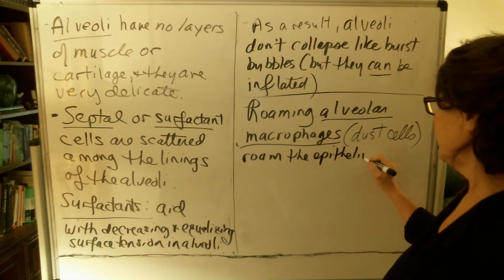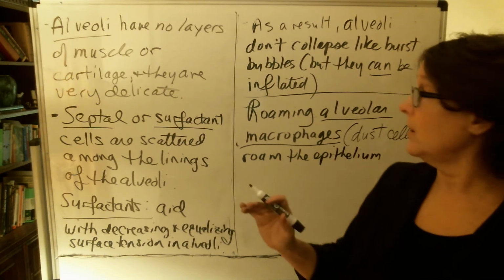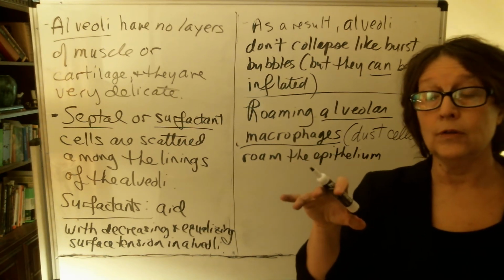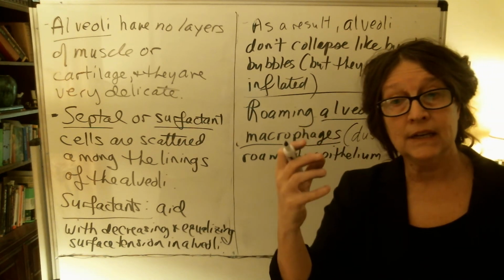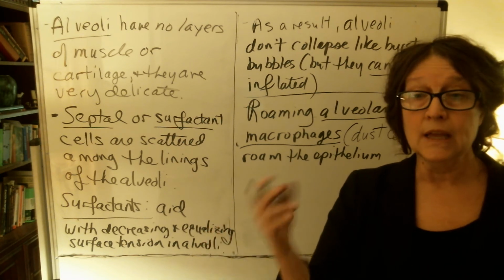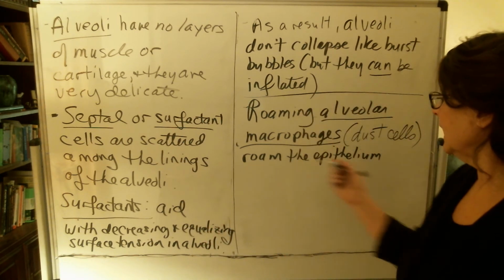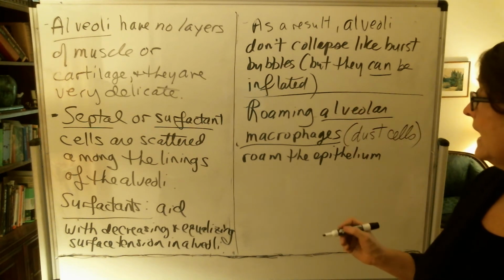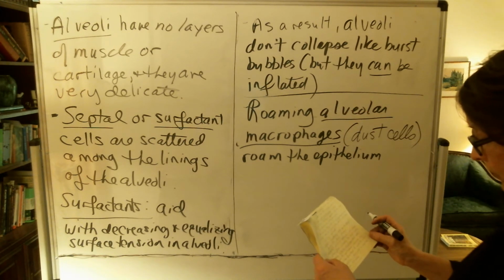And these roam the epithelium. So keep in mind, down at the level of your alveoli, the linings there of the alveoli are still going to be epithelial tissue. And so there, in that epithelium, we have these alveolar macrophages.